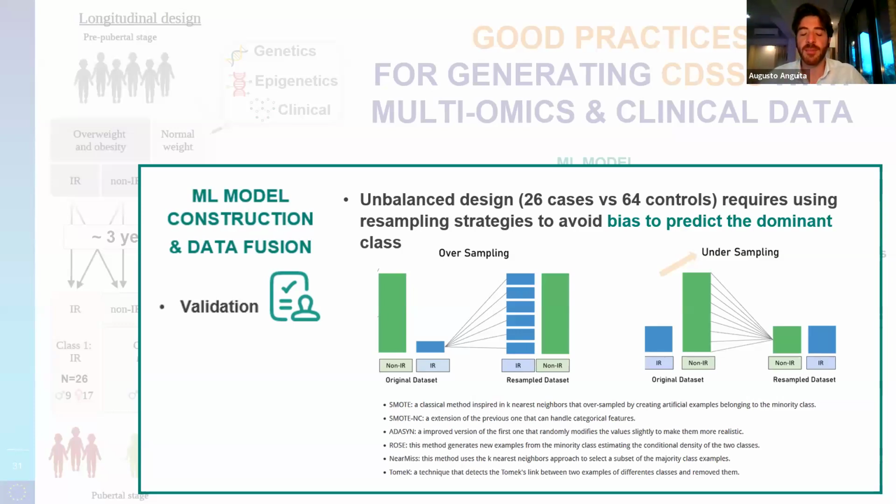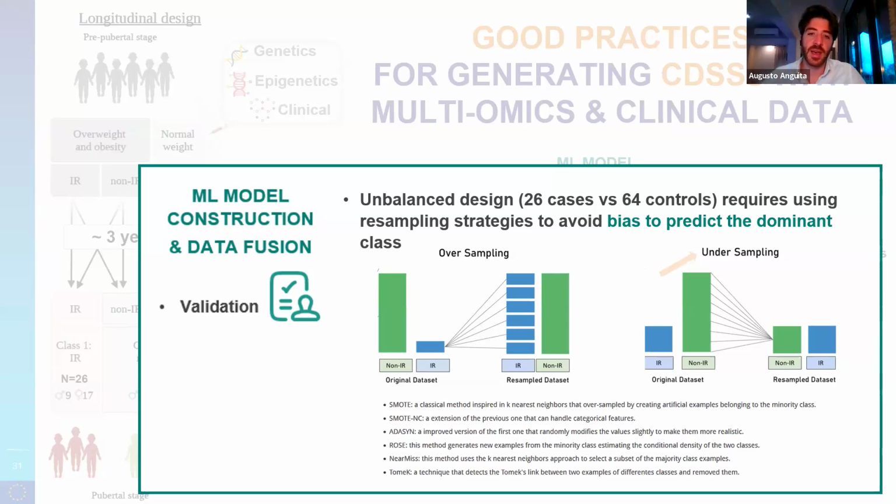So this is a huge imbalance, and this means that if we build a model without any kind of resampling, the model is probably going to be biased to predict the dominant class, as any machine learning model will learn better the examples that it has more of. And we need to address this with oversampling or undersampling techniques before constructing our model.